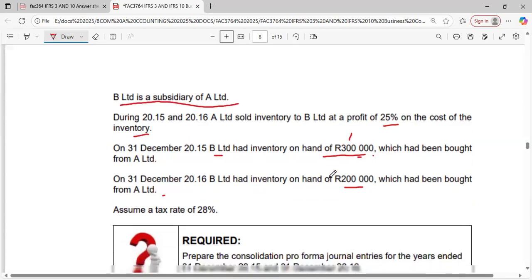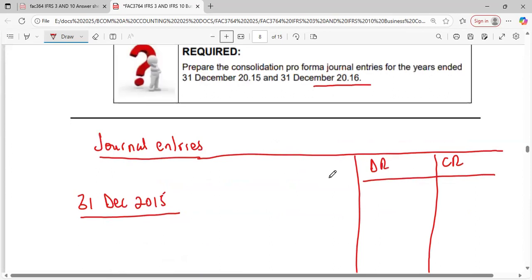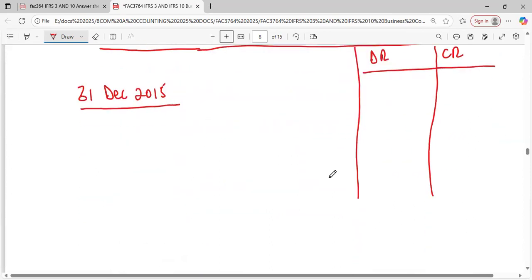So which means we're going to have what? When we eliminate unrealized profit in closing inventory, we debit cost of sale. Then we credit what? Inventory.